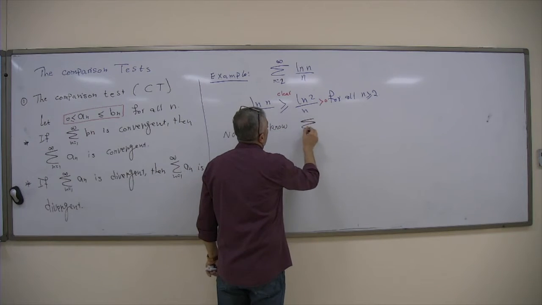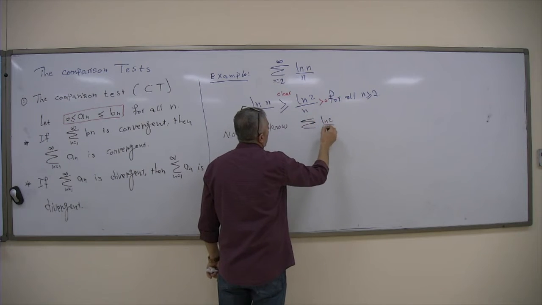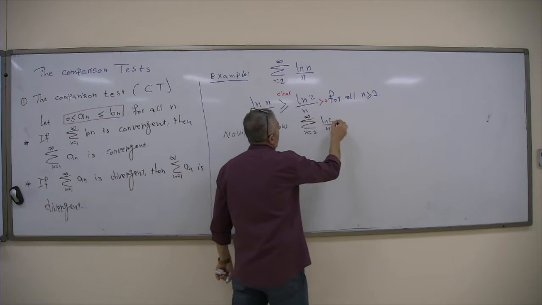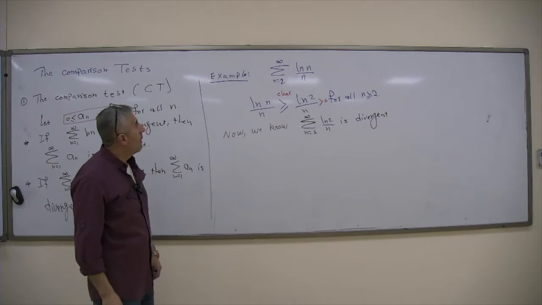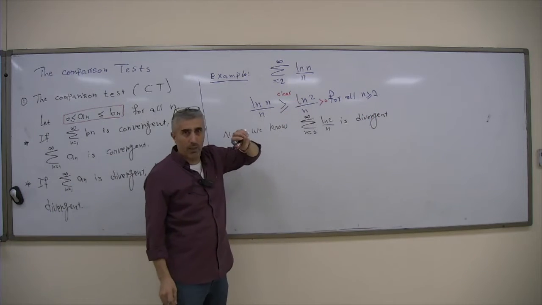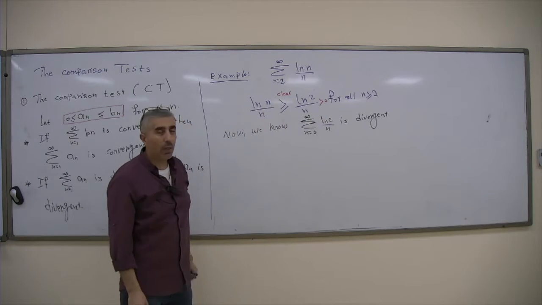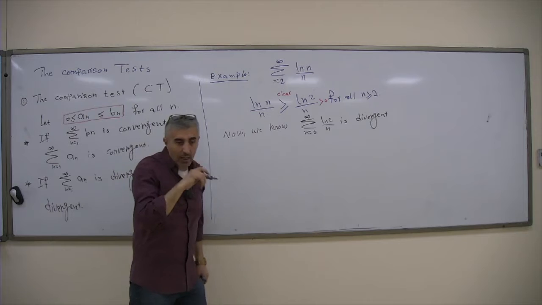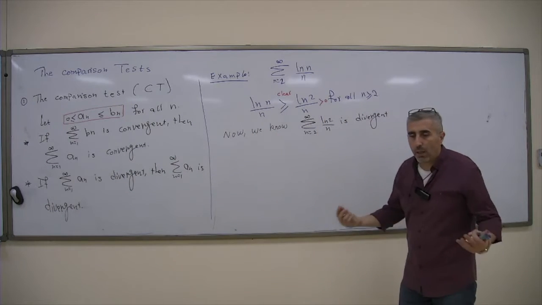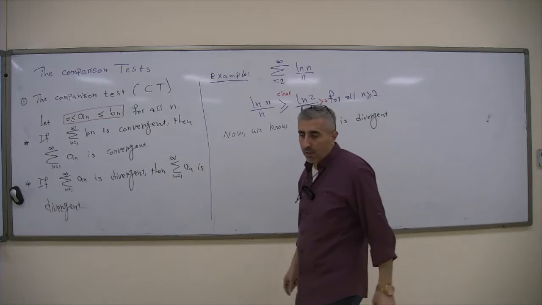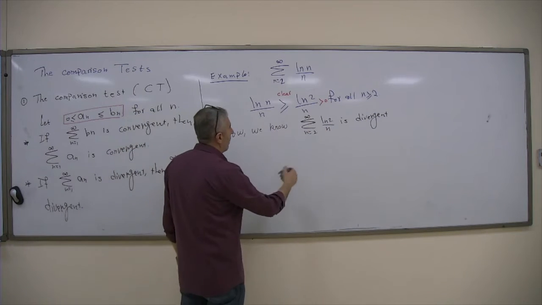Now, we know summation of ln 2 over n, where ln 2 is a constant you can take out, is divergent. So if the smaller one is divergent, and it is positive, then the larger one is going to be divergent. Okay? It is like, you know that your friend is wealthier than a millionaire. Then obviously, he's going to be a millionaire. Okay? So now we know this is divergent.